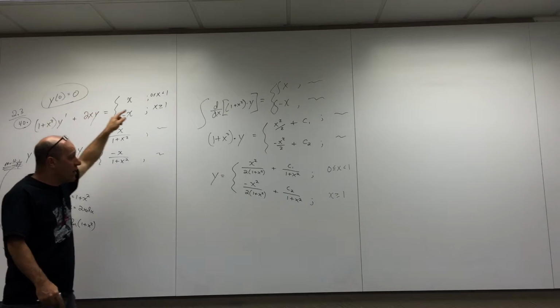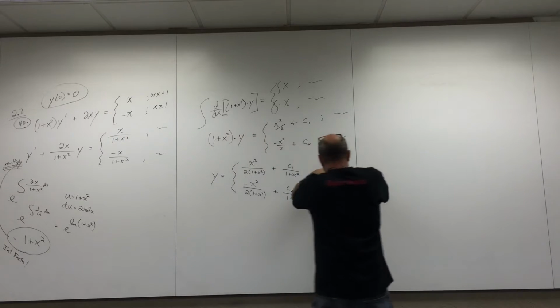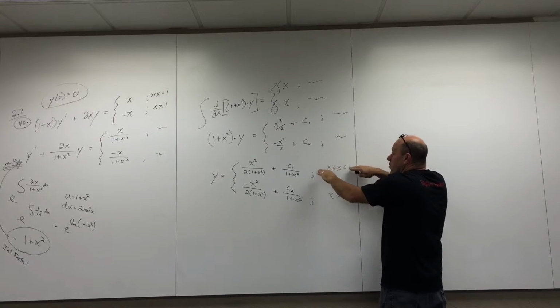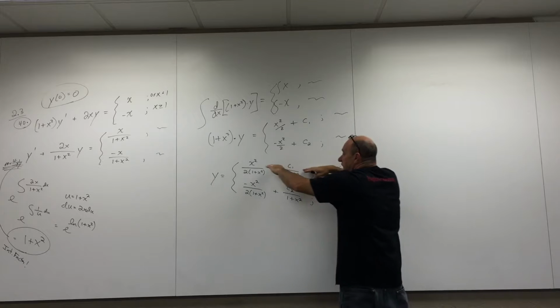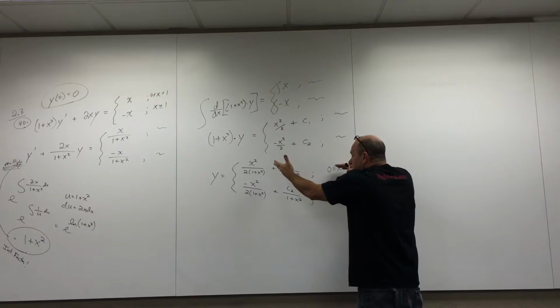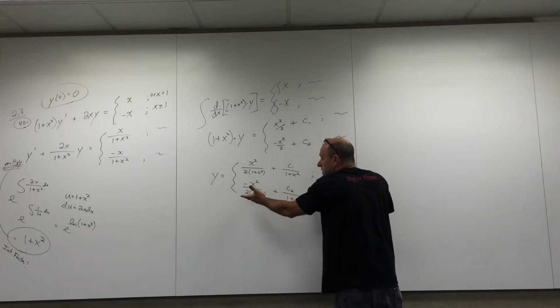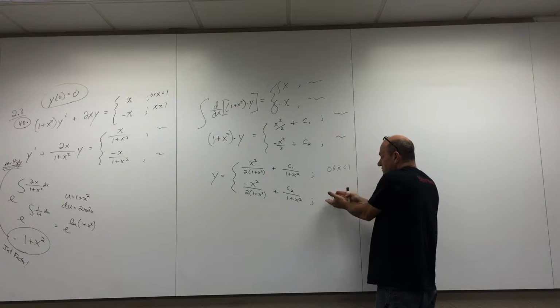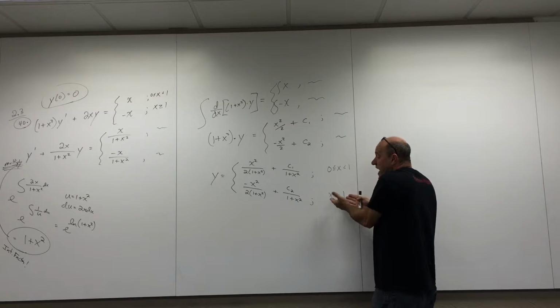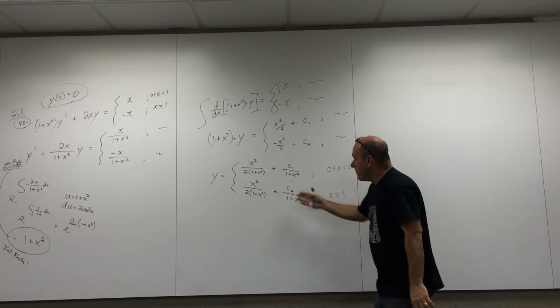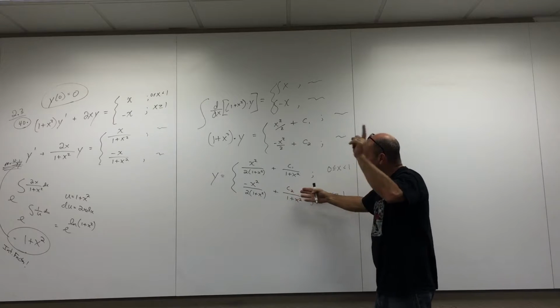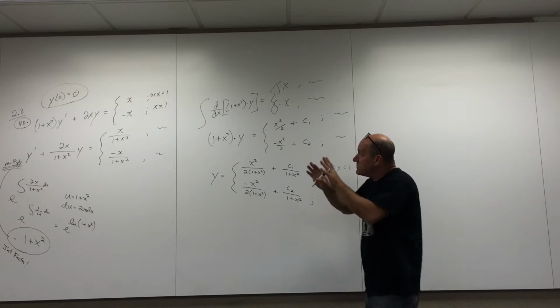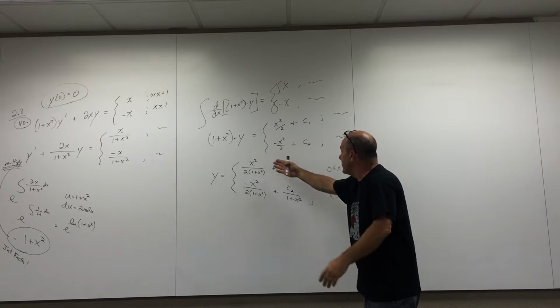If x equals 0, your initial condition only applies to this top piece. So your initial condition cannot apply to the bottom piece, where x is greater than or equal to 1. That initial condition is not going to help you find c2. We need something else. But let's use the initial condition to find c1.